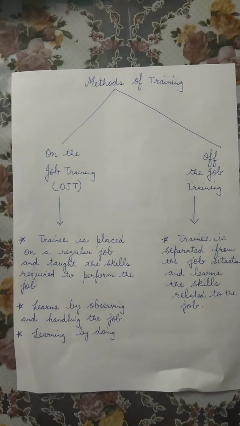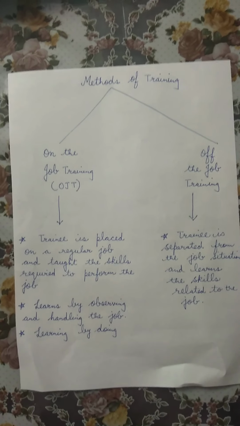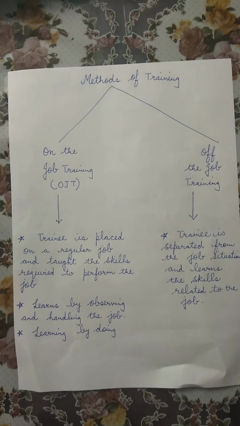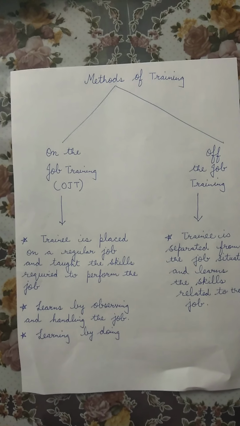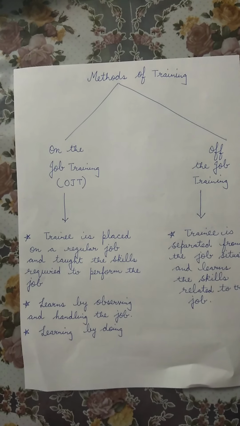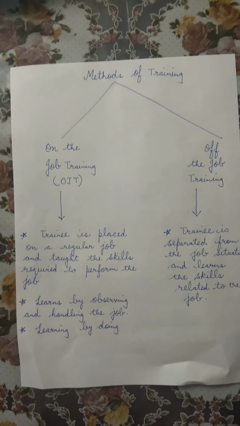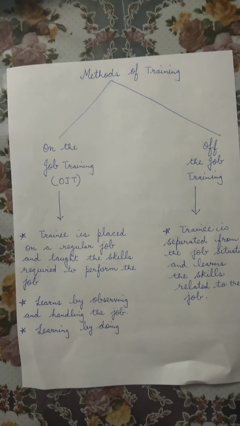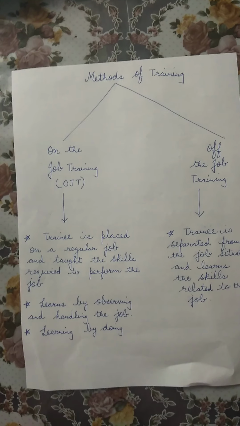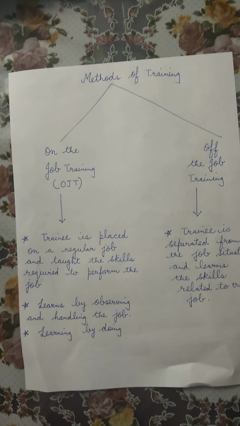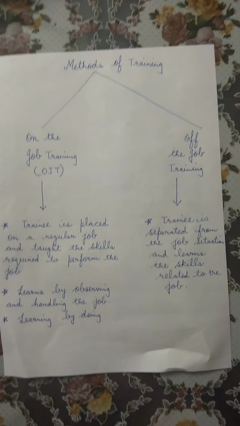There are some advantages of this type of training as well. In this case, the trainee gets full concentration on the learning because he is not at a workplace which may be noisy at times. So he would not get distracted. He would have his full attention on his training.